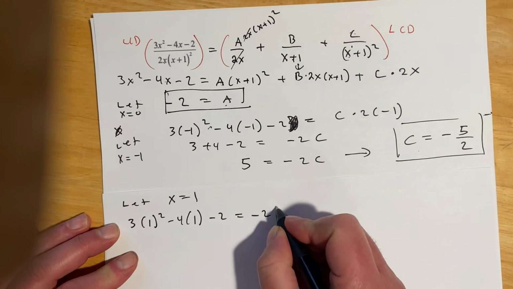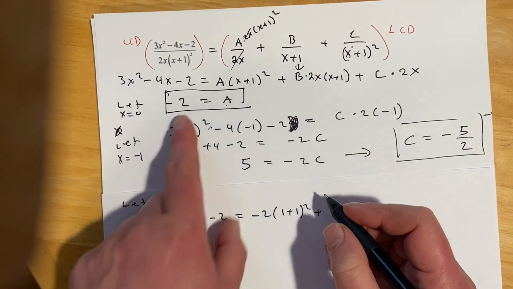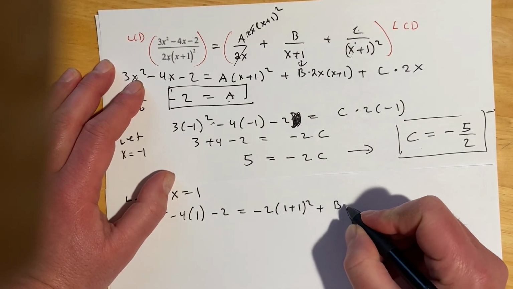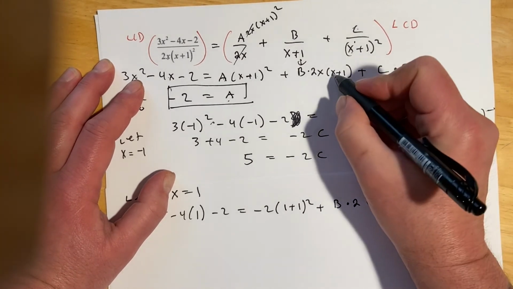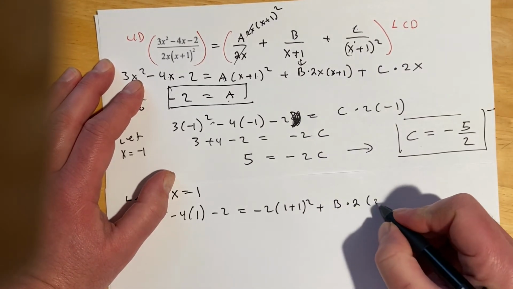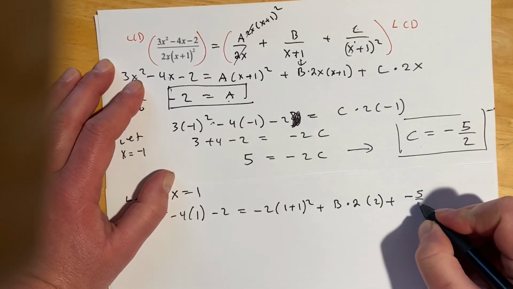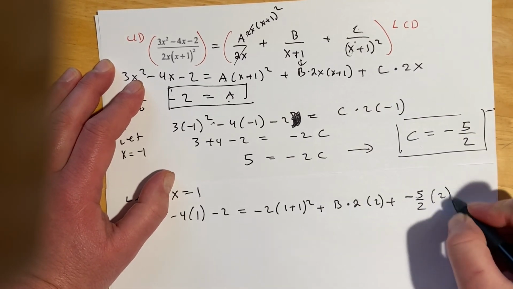A was -2, times 1 plus 1 squared. B is what we are trying to work out, so b, and then that is 2 times 1 is 2, and then 1 plus 1 would be another 2. Plus c is -5 halves times 2 times x is 1, so times 2.